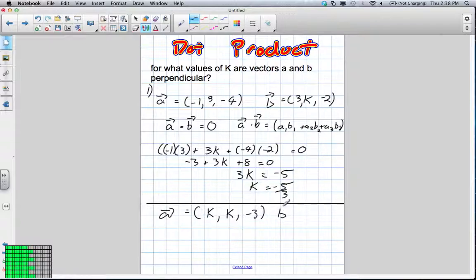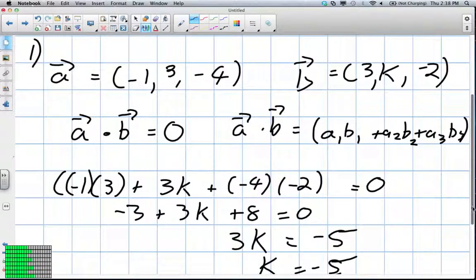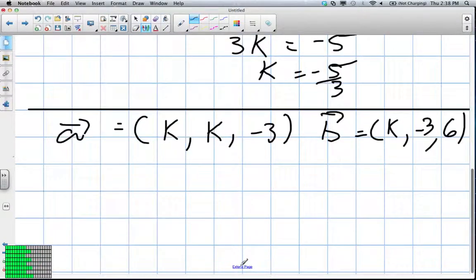And vector B will be k, -3, and 6. Okay? Same idea, solving this question for k instead. So, same rules as before. It's perpendicular, so we know it's going to be equal to 0.